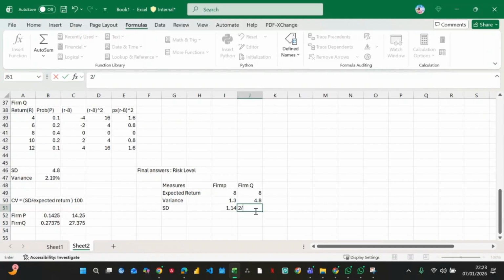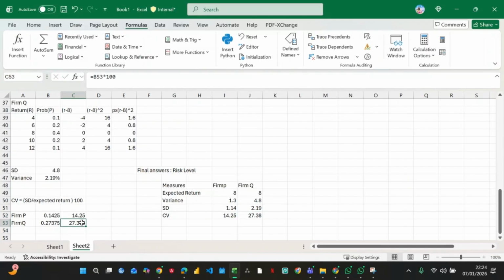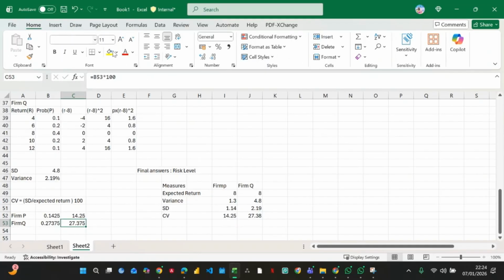So we now got 1.14 for this one, and 2.29 for this one, right? And the CV, which is the coefficient of variation, is 14.25% for this one, but that is in percentage, and 27.38 for the other.